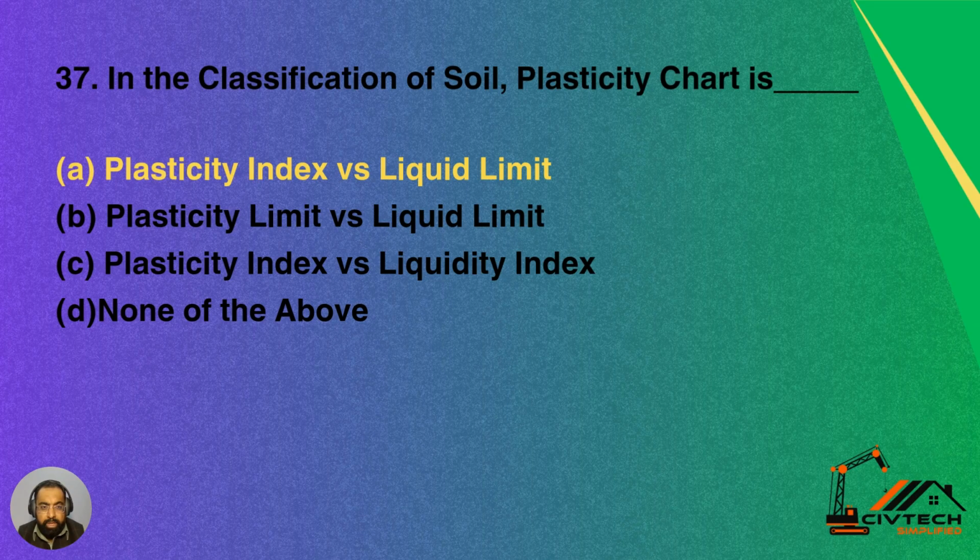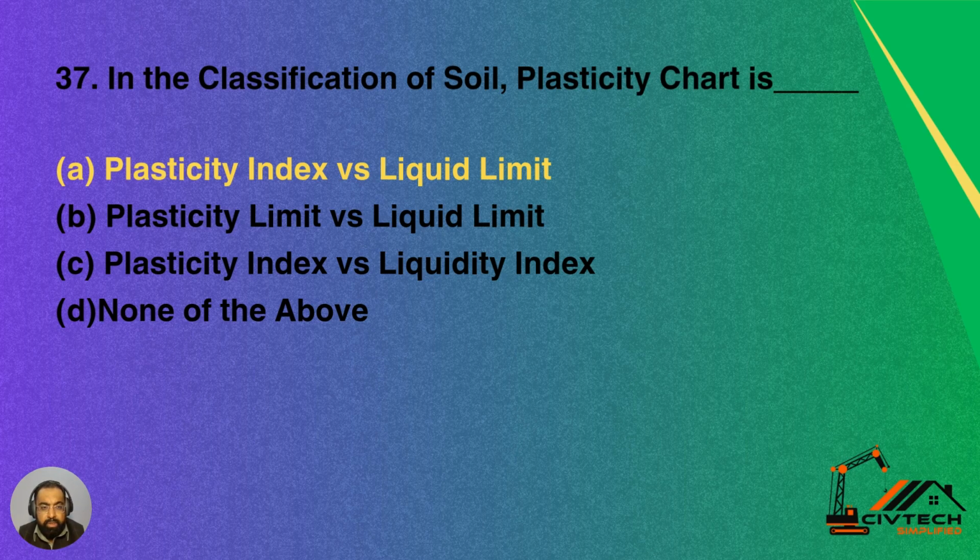Question 37. In the classification of soil, plasticity chart is dash. Option A, plasticity index versus liquid limit. Option B, plasticity limit versus liquid limit.